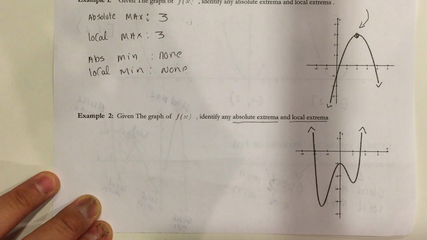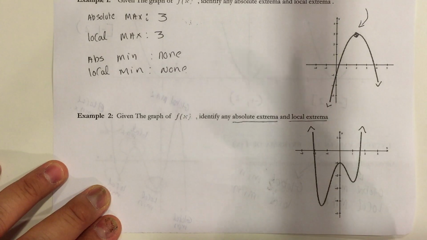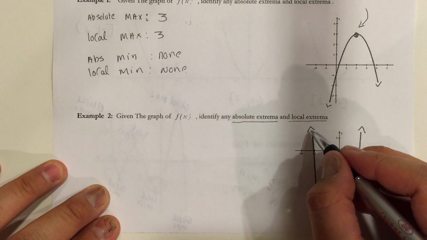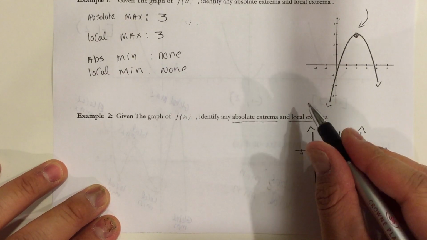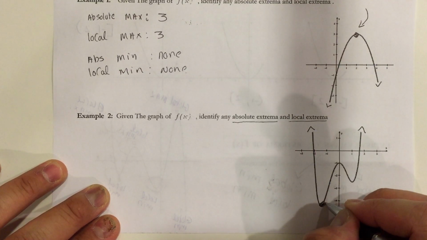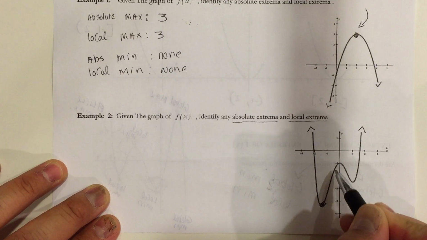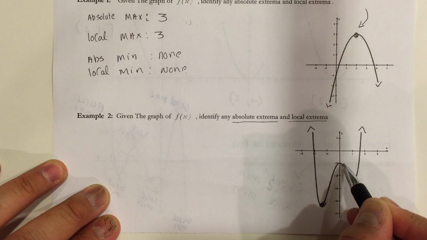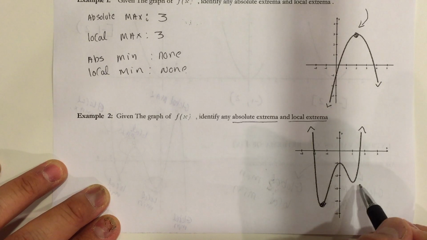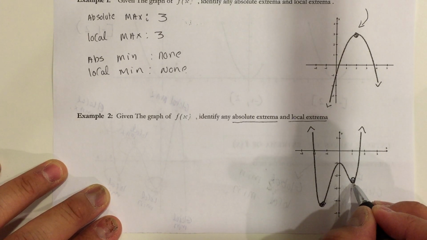What are the smallest within a specific neighborhood? These values happen at a turning point. So because the graph has arrows, it's going to continue to climb forever. This point right here is an absolute min because it is the lowest point compared to all the lowest points. This point right here is a local min.